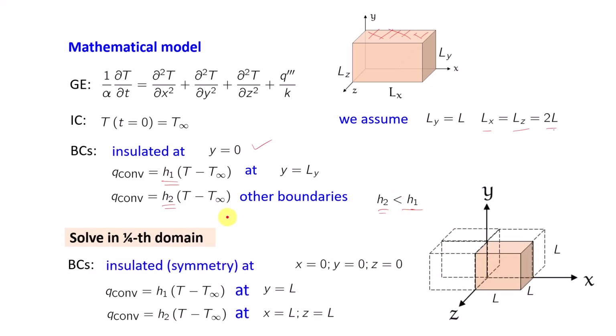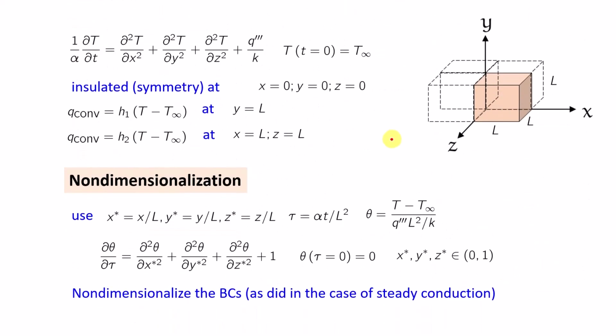With this condition, we will solve only one quarter of the domain, as we did before in the case of 2D steady conduction. We will take symmetry boundary conditions at these truncated boundaries. Now we will non-dimensionalize the system using our usual dimensionless parameters that we have already studied in the one-dimensional as well as two-dimensional cases. After we non-dimensionalize, we have our equation.